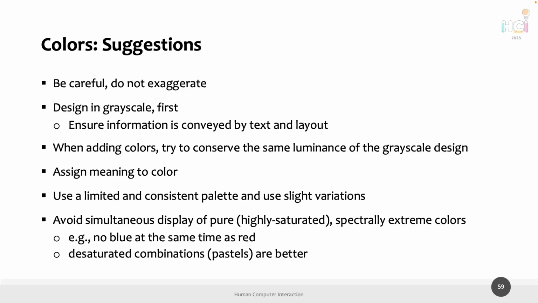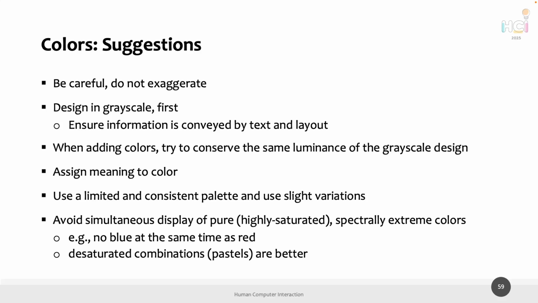And then we add colors as an additional feature of our interfaces. So when adding colors in your high fidelity prototypes, try to conserve the same luminance of the grayscale design. So the same information should be visible even in grayscale without colors.